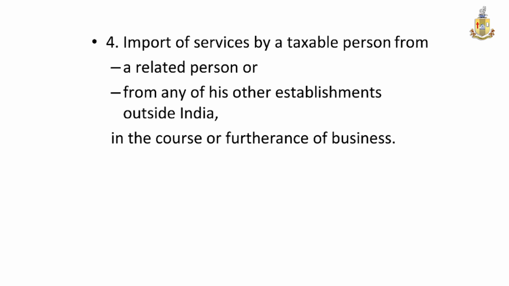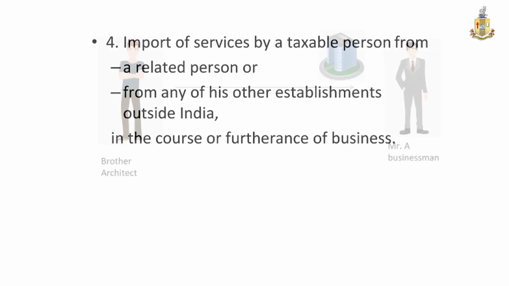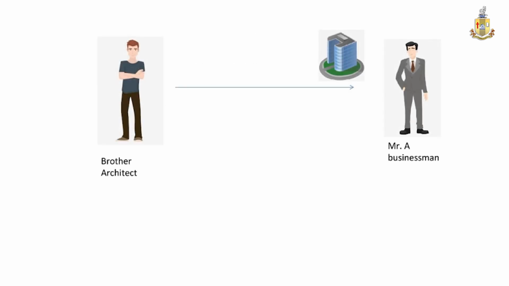Here is an example for you. The brother is living in the US. He is an architect, and Mr. A is a businessman living in India, and he is asking his brother to give a structural design for building an office for his company.